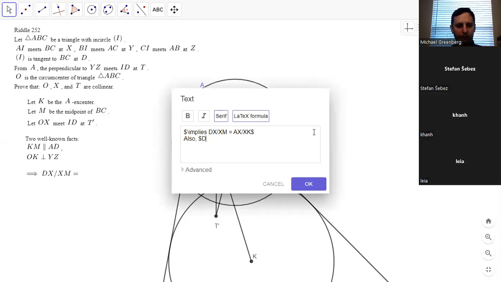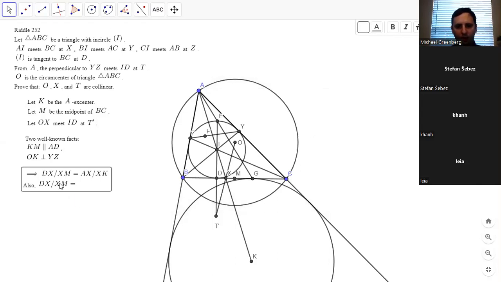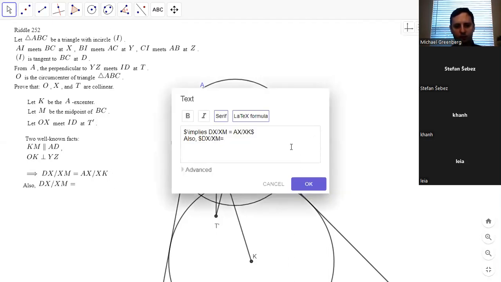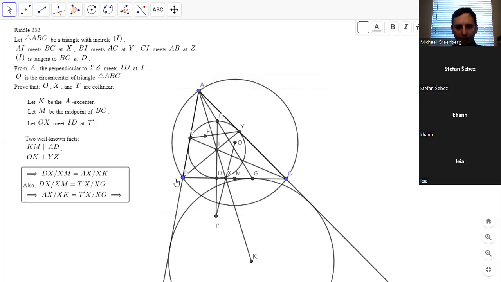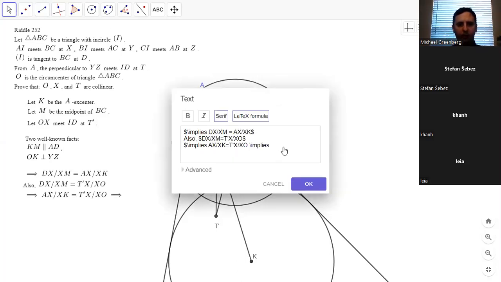And then we also have DX over XM is equal to T prime X over XO. That means that AX over XK equals T prime X over XO, which means that AT prime is parallel to OK.